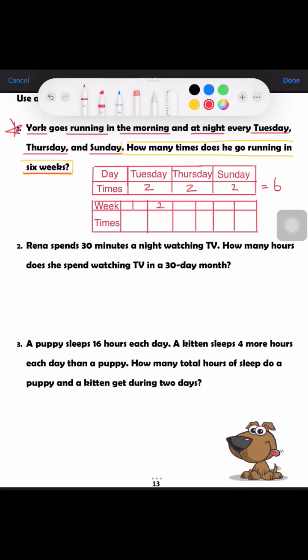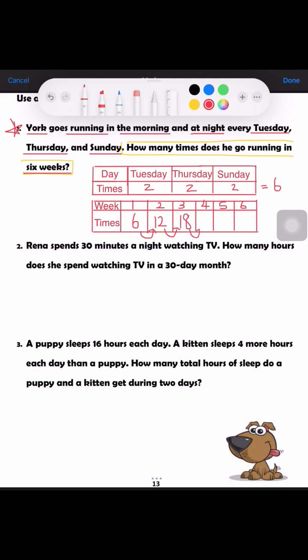And now we're going to find the number of times in 6 weeks. In 1 week, he goes running 6 times. So how about 2 weeks? It will be 6 plus 6. That means double 6, which is 12. And in 3 weeks will be 12 plus 6, which is 18.